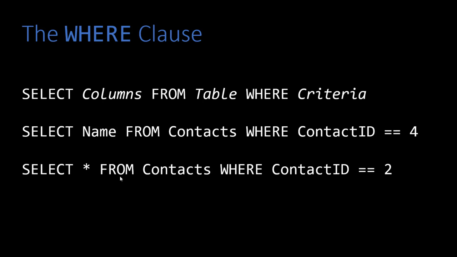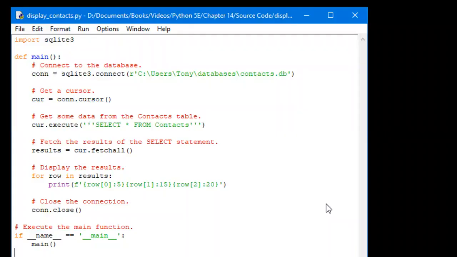Here's another example. Select star from contacts where contact ID equals 2. So this is going to give us all of the columns for the person who has the contact ID of 2. Okay, well let's switch over to IDLE, and let's see how we can use this in some code.